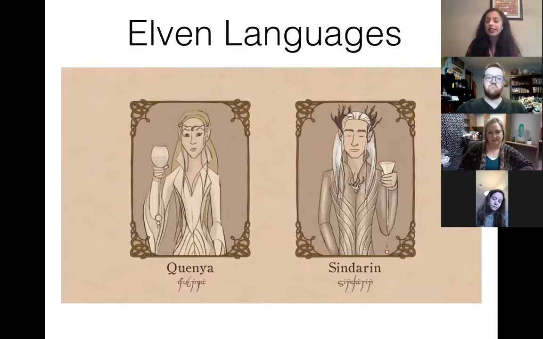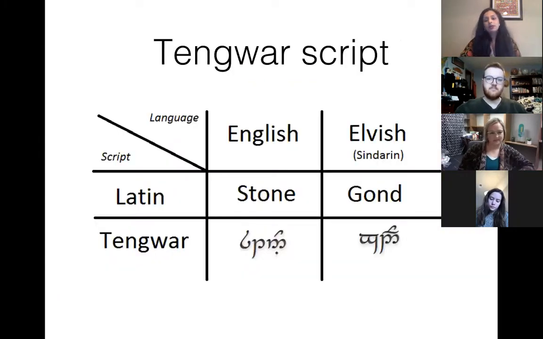And then Sindarin is the normal local dialect of Elvish. So the Sindarin dialect is what you would hear in the movies, and what you would see written. The script of the Elves is called the Tengwar script, and it looks like that. And so you have English, which is a Latin script, right?